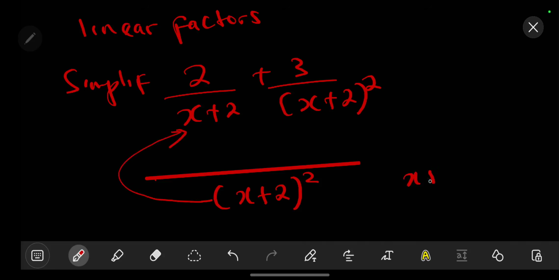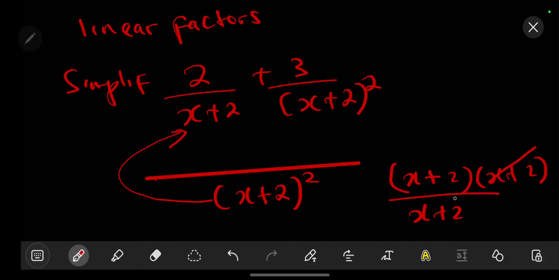It is the same as 2 times x plus 2 squared over x plus 2, in which case x plus 2 squared means x plus 2 times x plus 2, which will cancel, and we remain with x plus 2. So the remaining is 2 times x plus 2. Then x plus 2 squared divided by x plus 2 squared cancels, and we remain with plus 3 there.